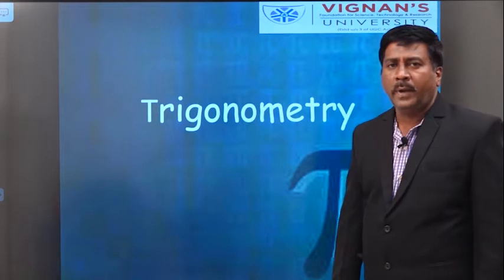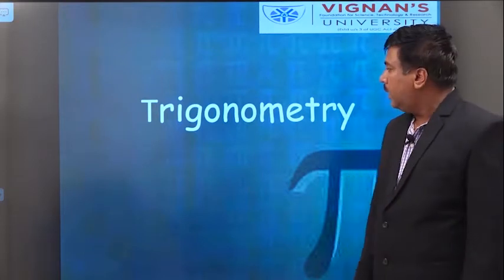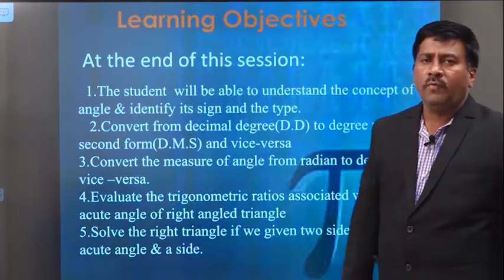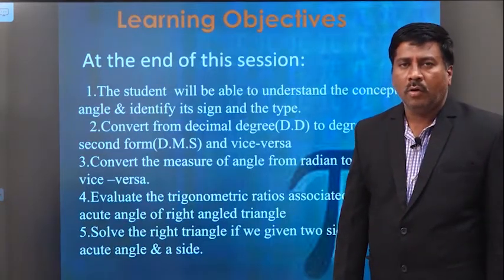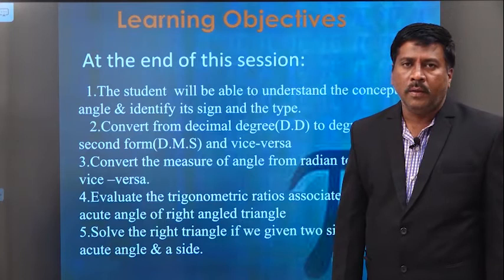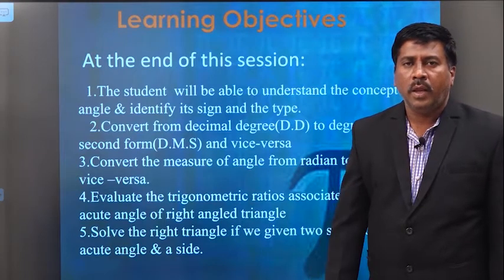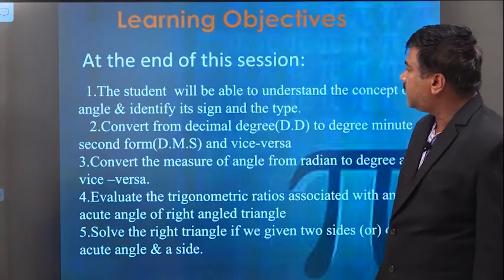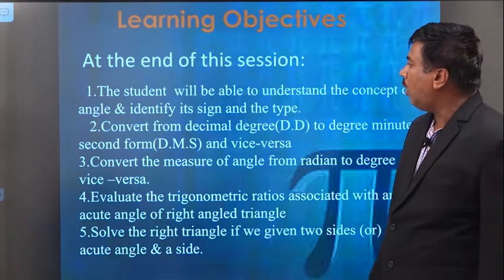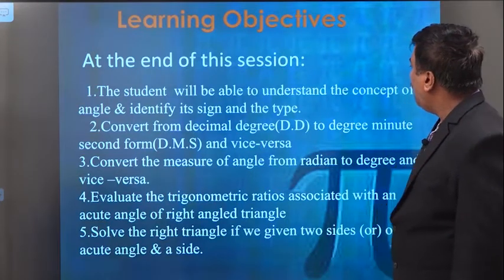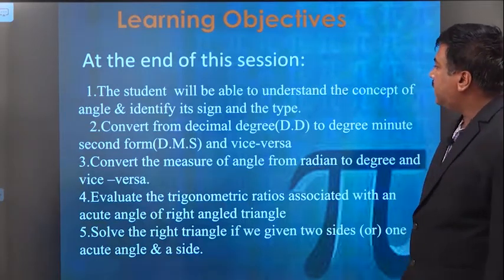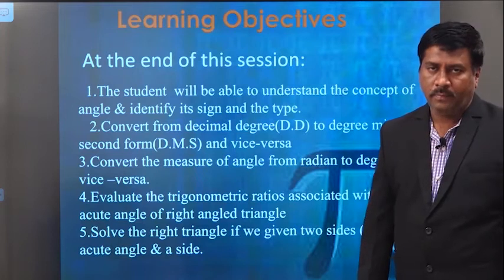Trigonometry. What is meant by trigonometry? The learning objective of this session is that after completion, the student will be able to understand the concept of angle and identify its sign and type.